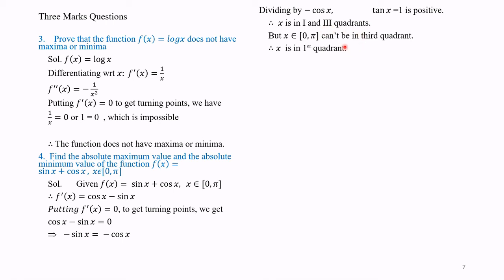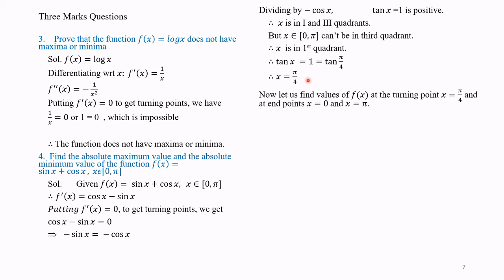Therefore, x is in the first quadrant only. Tan x = 1, and we know tan of pi by 4 is 1. Therefore, x = pi by 4. So, this is the value.